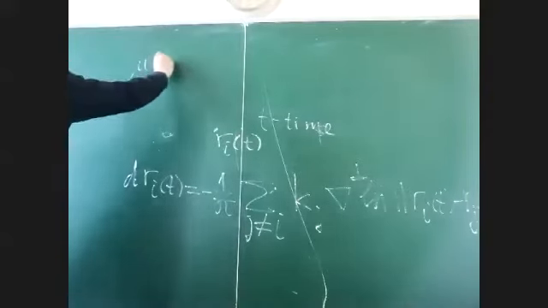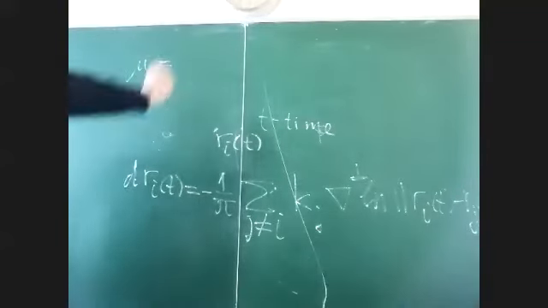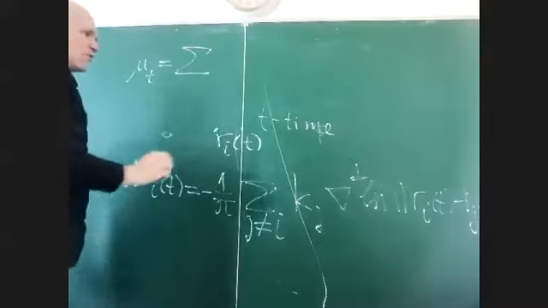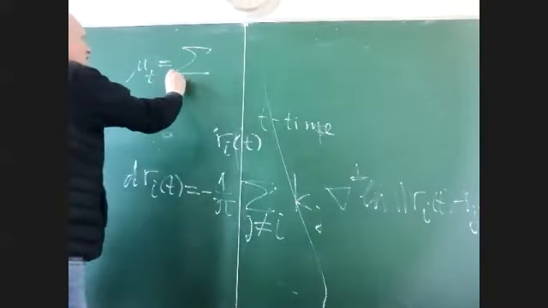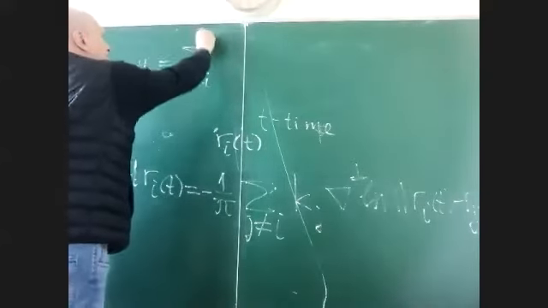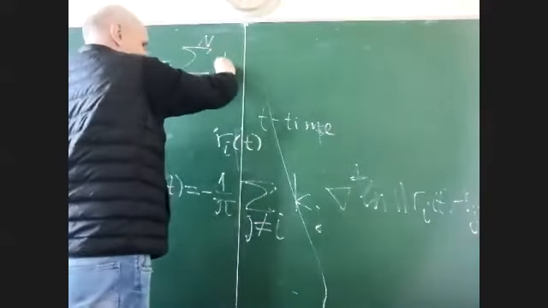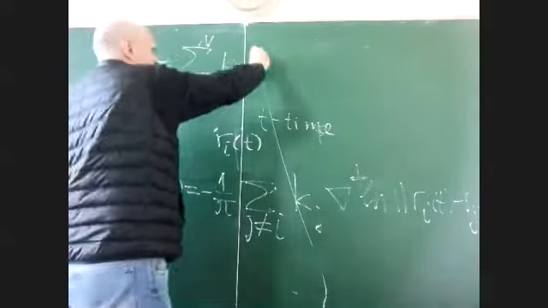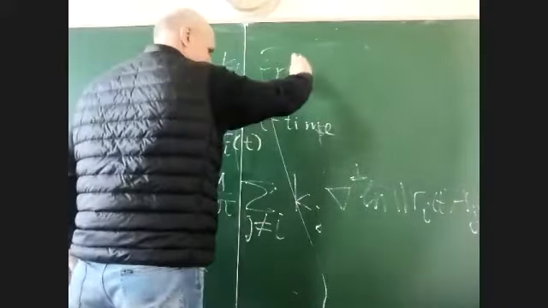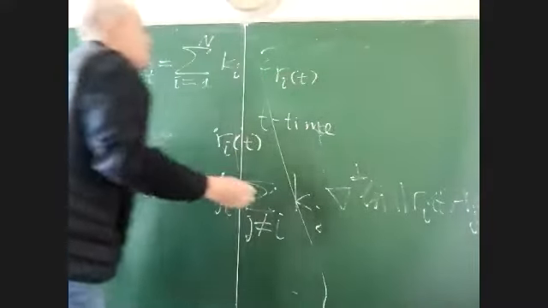Mu_t will be equal to the sum over i equal to 1 to n of k_i delta_{r_i(t)}.